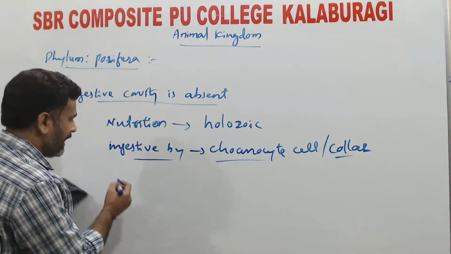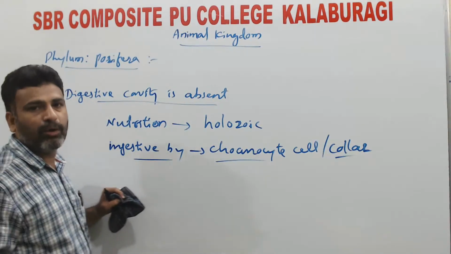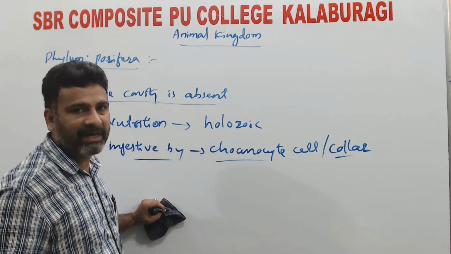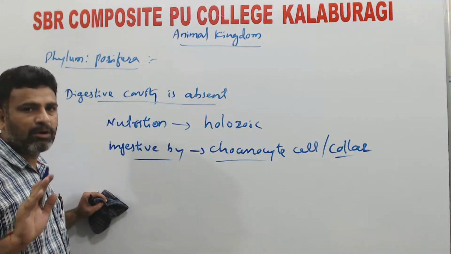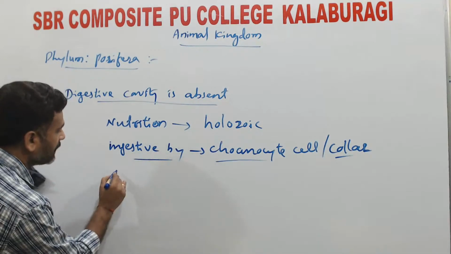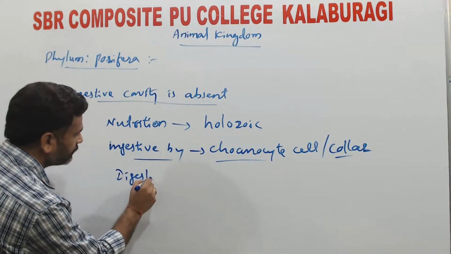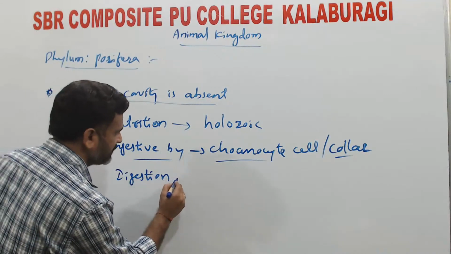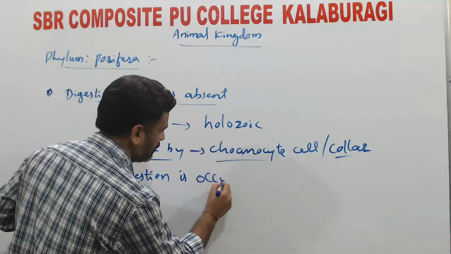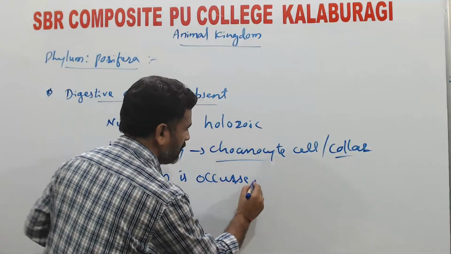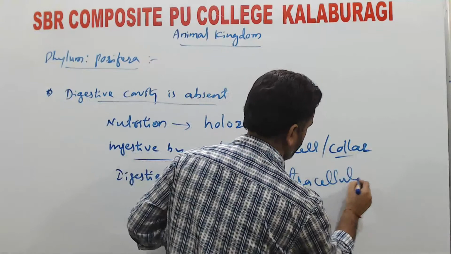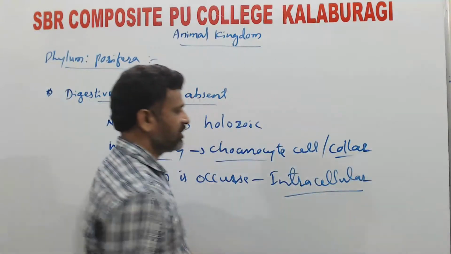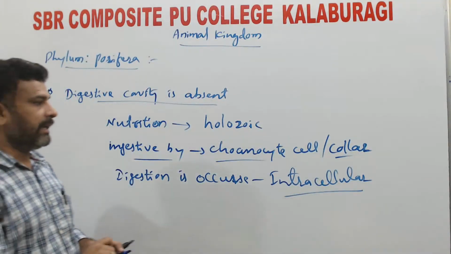And here there is an absence of the lumen or cavity. So the digestive system is not well developed here. It is almost absent, but digestion does occur. Digestion occurs intracellularly.